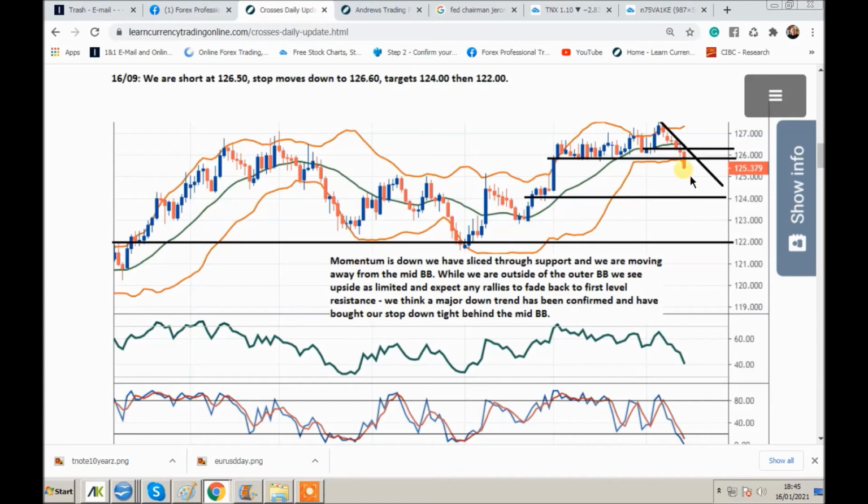Yeah, if we opened at the same price we closed out on Friday, you still get good risk to reward. Stopped there, you've got about 4 to 1 down to 122. Obviously, our target has got to get hit, but I think going down to 124 quickly, then following on to 122. Longer term, we could go even lower than that. So another good risk to reward pair in our view.